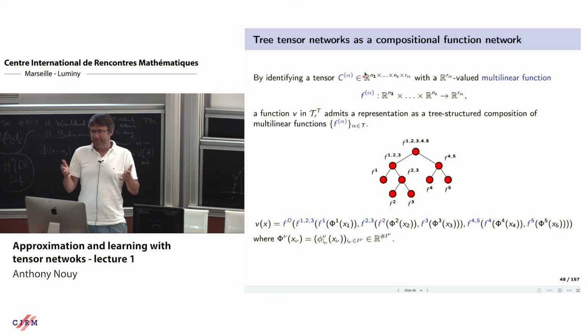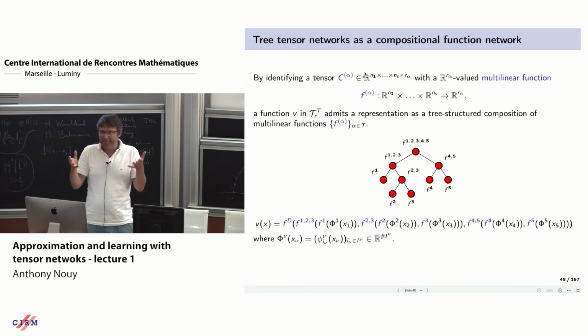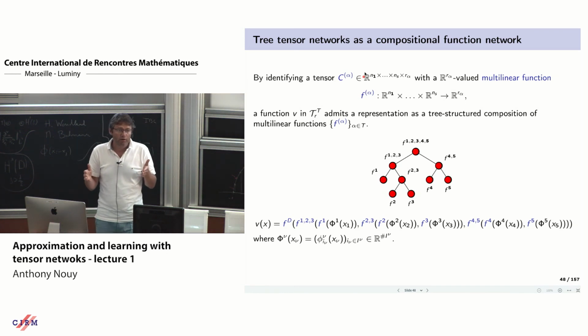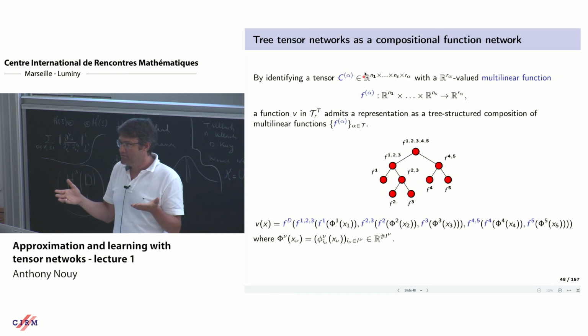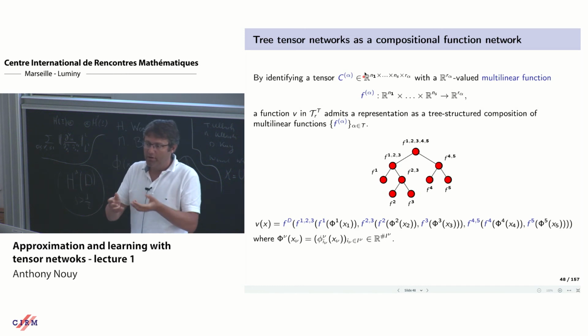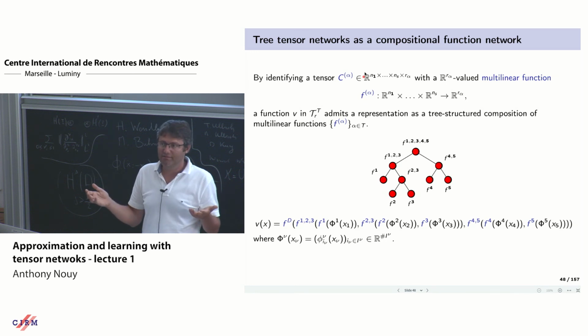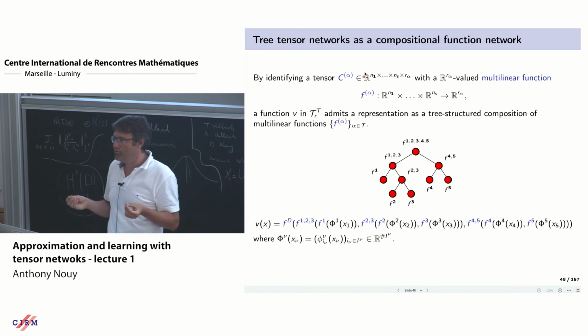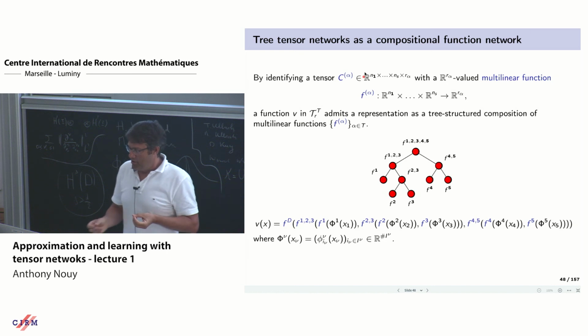Just like a matrix. You know this, if you have a matrix of size n by m, it can be identified with a bilinear application that takes two vectors of size n and m and gives you U transpose AV, okay, for a matrix A and two vectors U and V. Okay. The same for tensors.